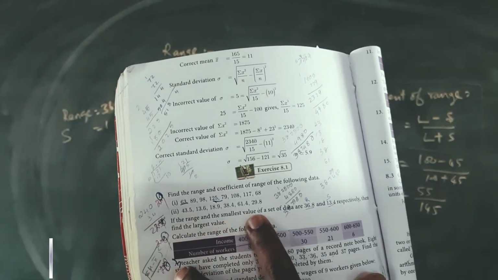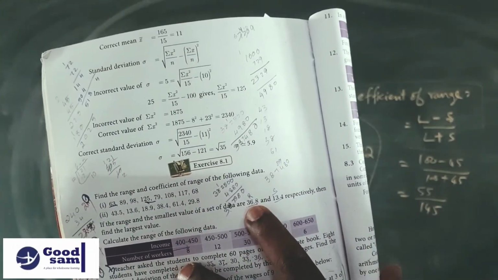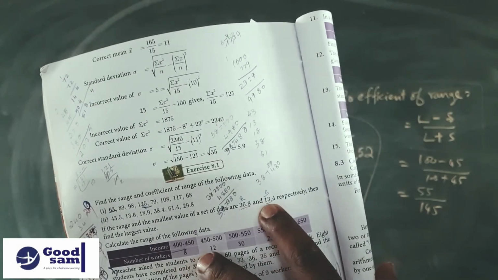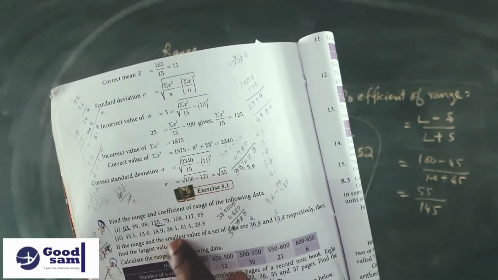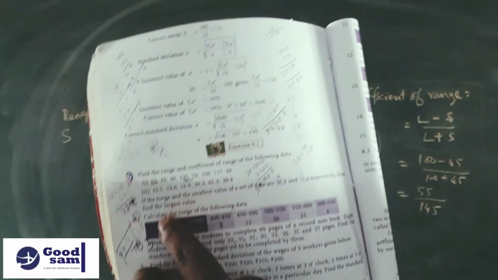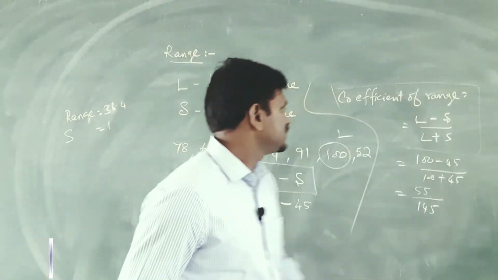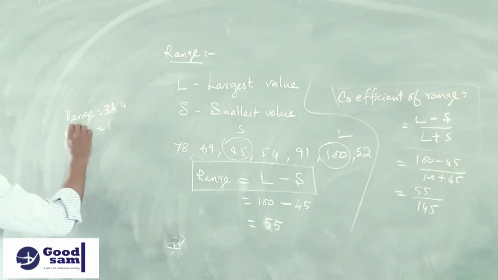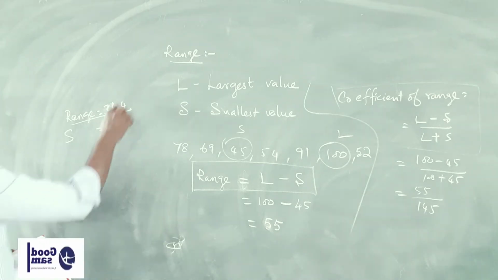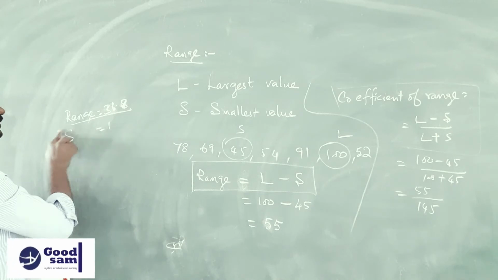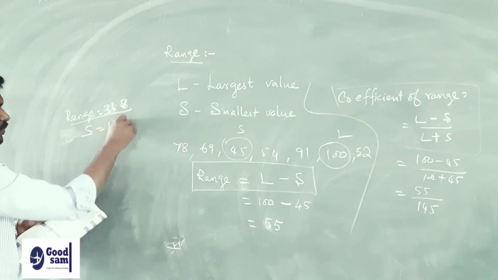Then look at the second question which is given in your textbook. The range is given, 36.8, and 13.4 is the smallest value. So the range and the smallest value are given, and we have to find the largest value, the value of L. So I will explain now. See here, the range is 36.8 and S, the smallest value, is 13.4.